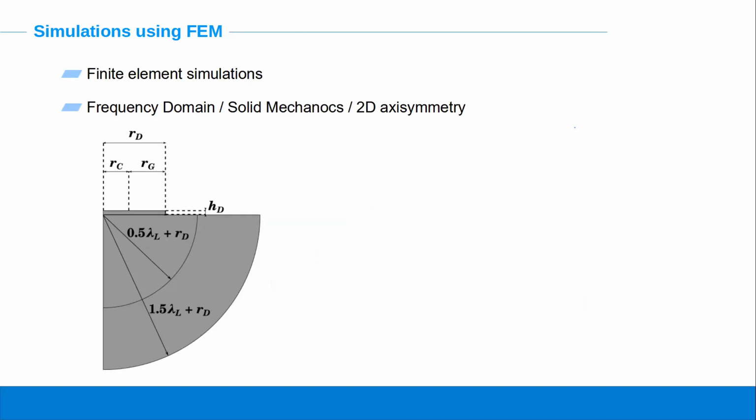This is the geometry considered. We have the disk with the substrate, which can be considered as infinite using a PML layer here, and with an adaptive size of the substrate to limit the computational cost.